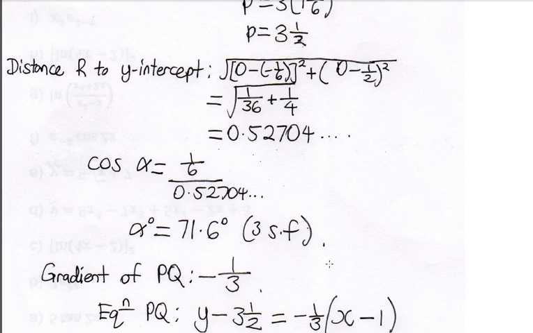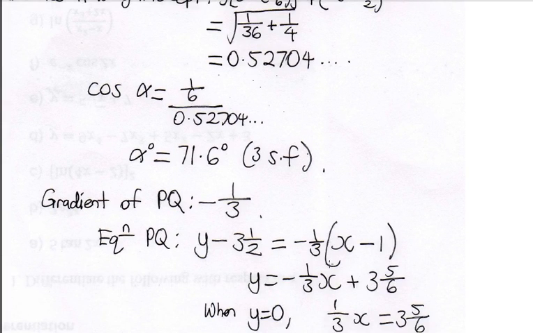Next, we want to find the value of the x-intercept of Q. So with that, let us find out what's the gradient of PQ first, because we know that PQ is actually perpendicular to the straight line. Hence, we can say that the gradient of PQ is actually negative 1 over 3.